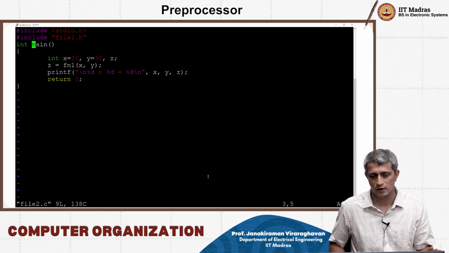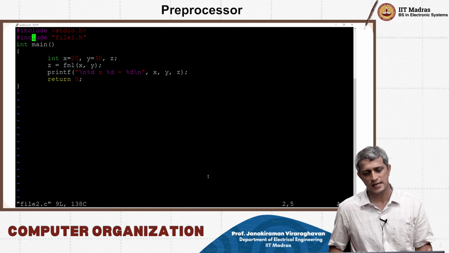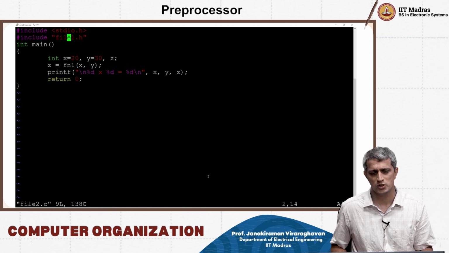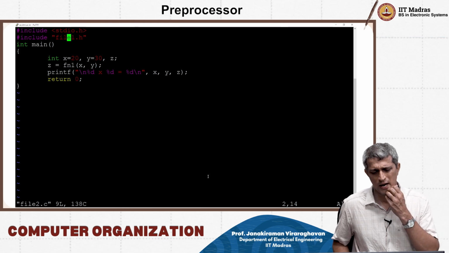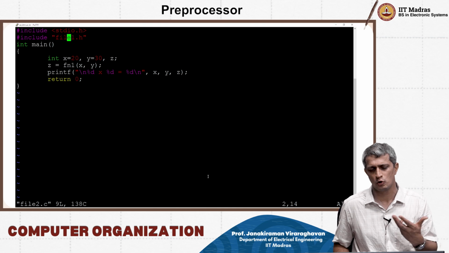Okay, main is an important part of any C program. So I'll come to what happens if the main is not there a little later. And in this one I have simply included file 1.h, and basically done int main, and then I have initialized the local variables x and y to 20 and 30.